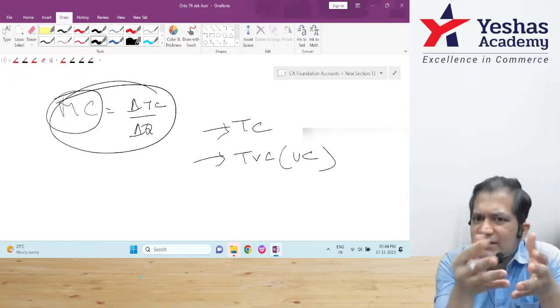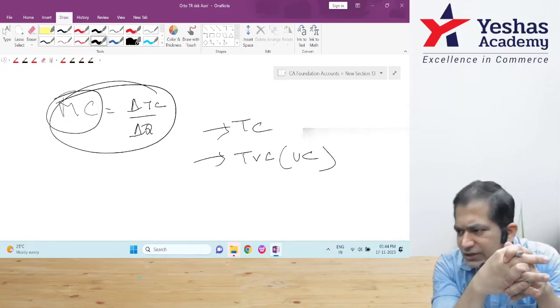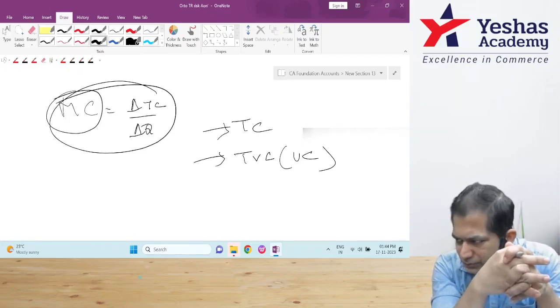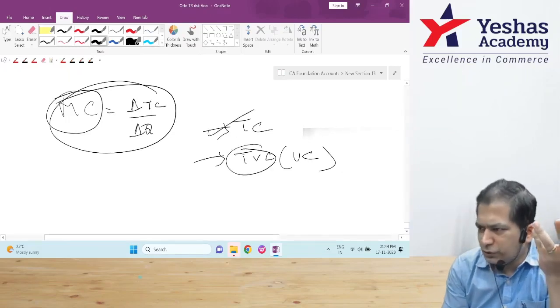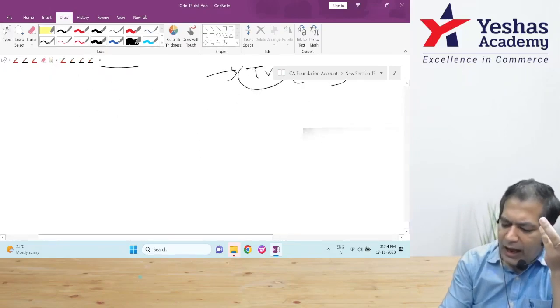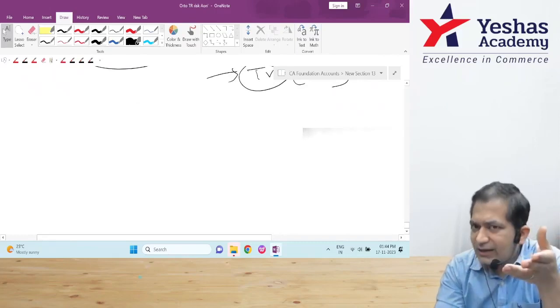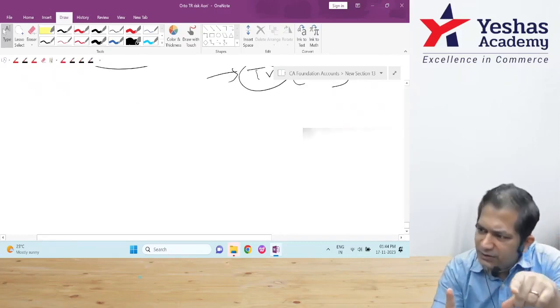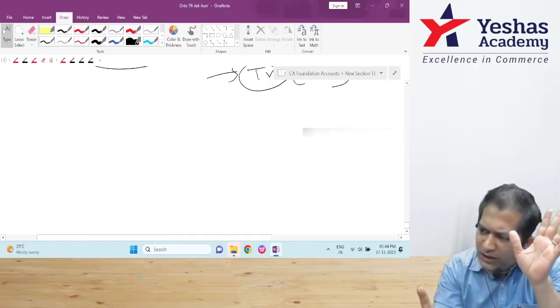So the real reason for the change in the marginal cost is the change in the total variable cost. So if they don't give you total variable cost, then total cost is the answer. And we know that total cost behaves in the same way as total variable cost, so average total cost will also behave the same way.